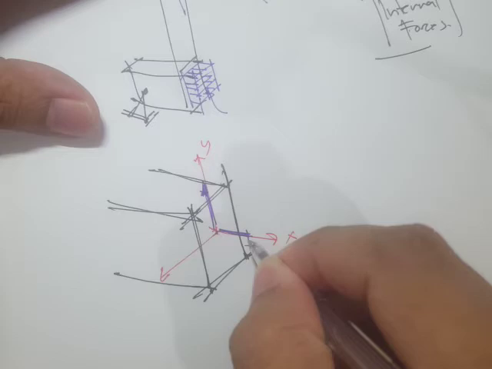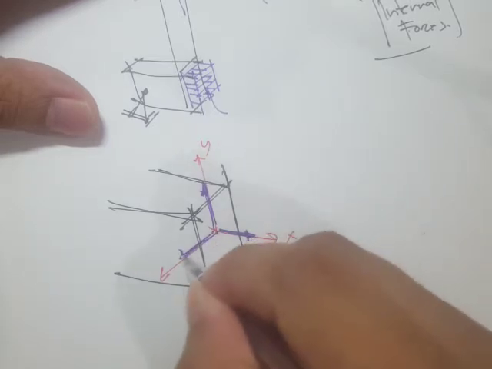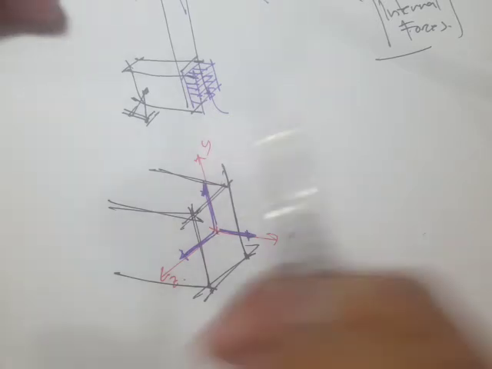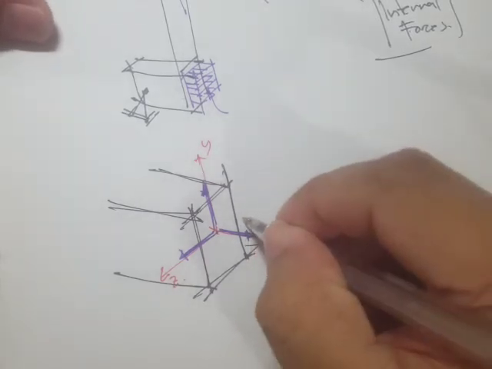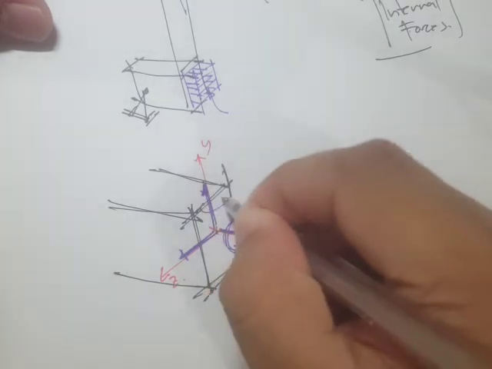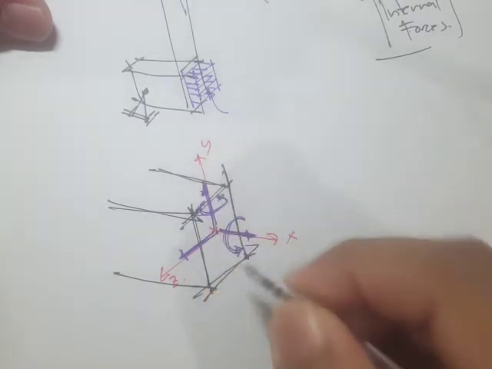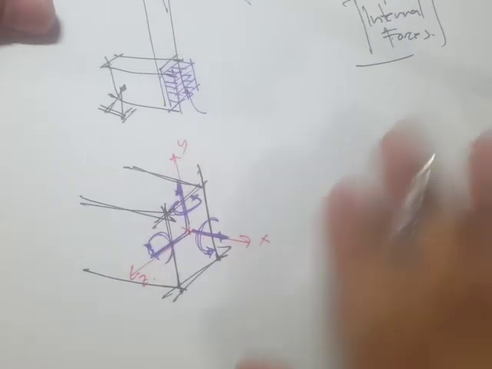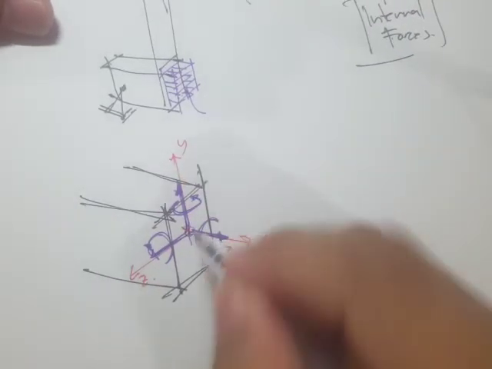We'll also have force along the x direction, and along the z direction. That's the default. And we can also have moments in the x, y, z directions. So that's the default.